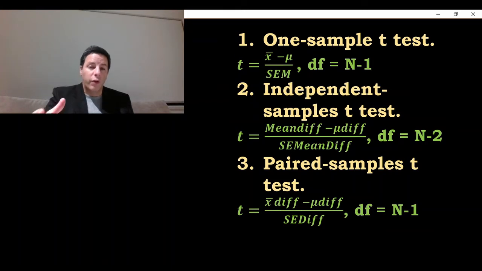This new variable that we created by subtracting the two values, and then we compare with a mean in a population of difference scores in which the mean of those difference scores is 0.